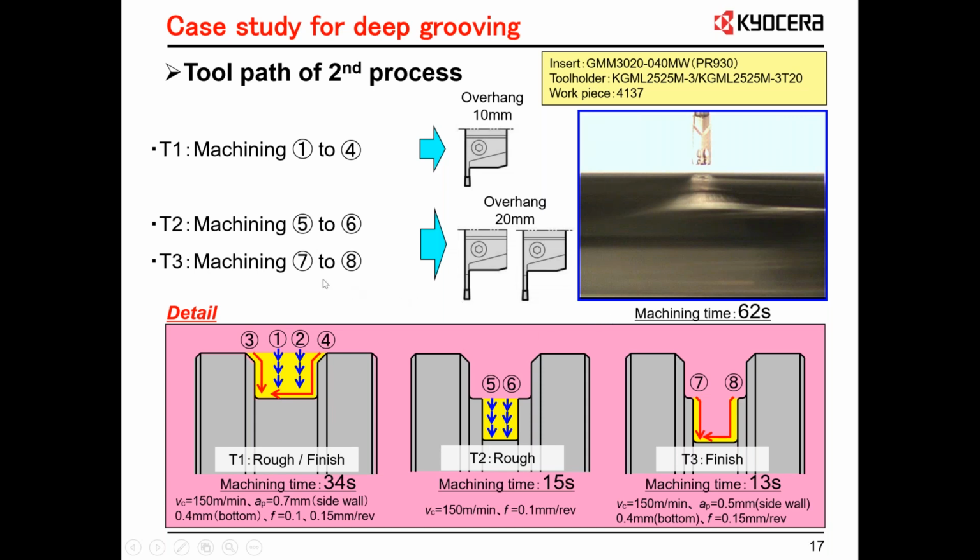And then they're coming in with tool number 3 and machining the finishing moves of the deep groove, move 7 and move 8. So all in all, we're taking 34 seconds, 15 seconds, and 13 seconds. So you got to look at this scenario and figure out what would be the best way to shorten cycle time.